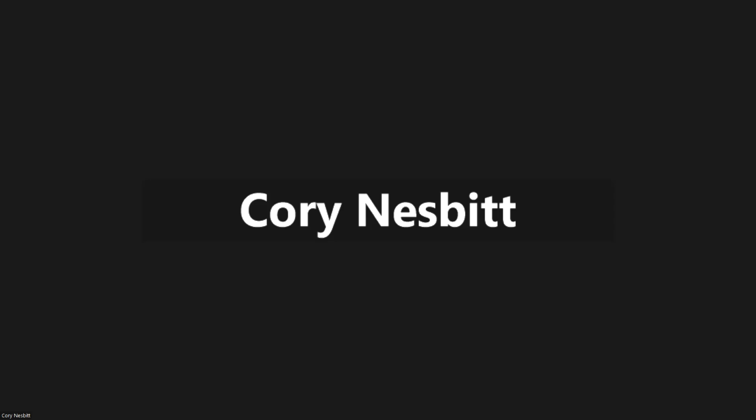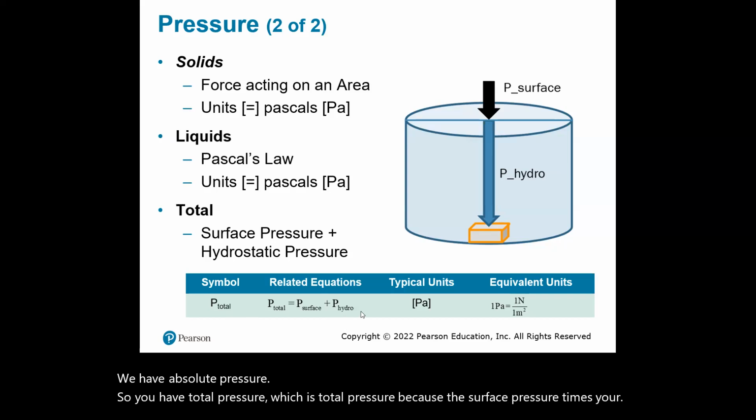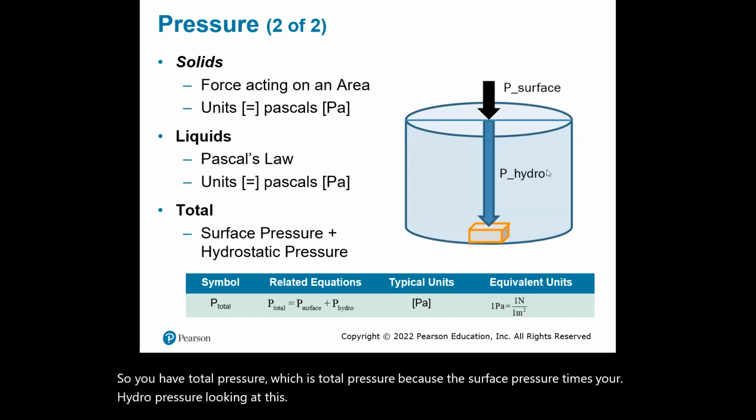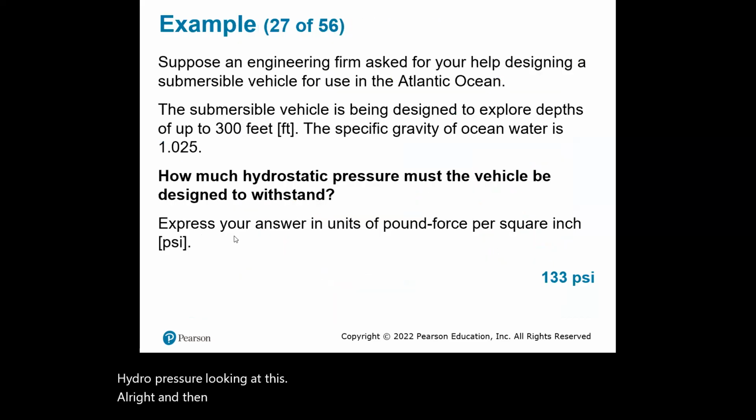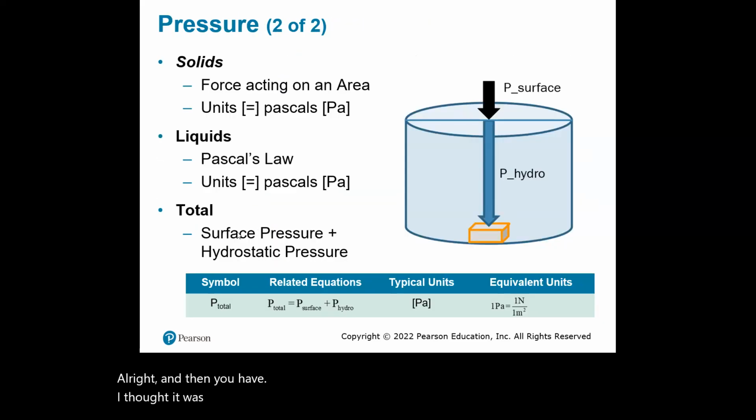Let's see what else we got here. Then you have absolute pressure. Total pressure equals the surface pressure plus your hydrostatic pressure.